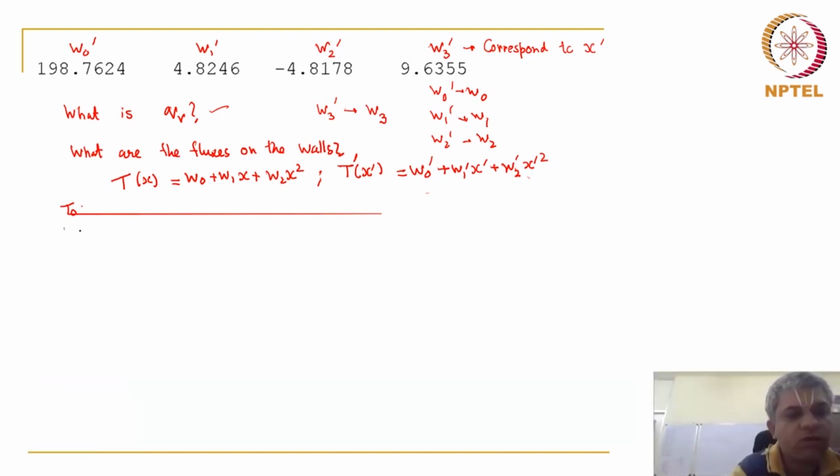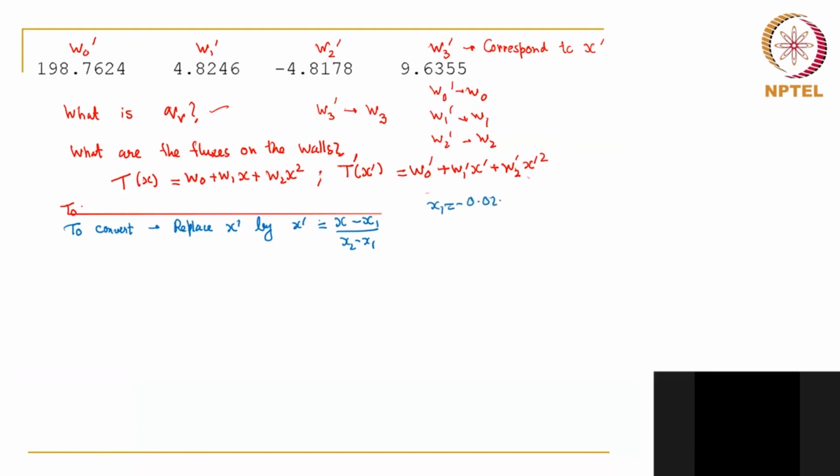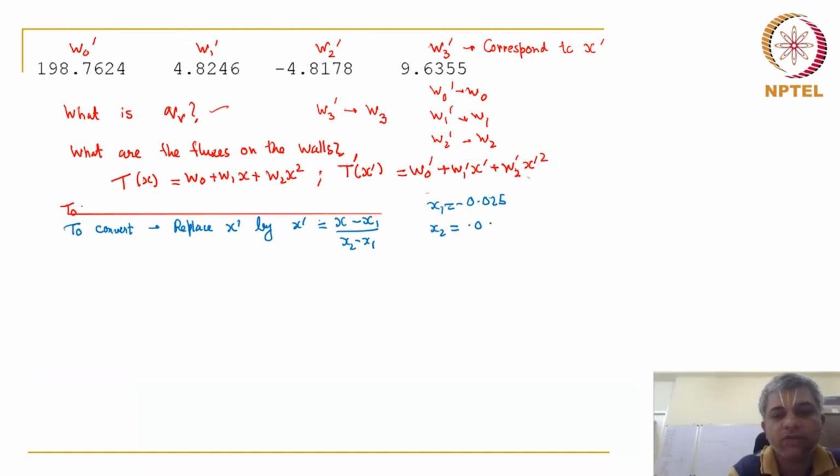So to convert, replace X prime by X prime equal to X minus X1 by X2 minus X1, where X1 was minus 0.025 and X2 was plus 0.025.